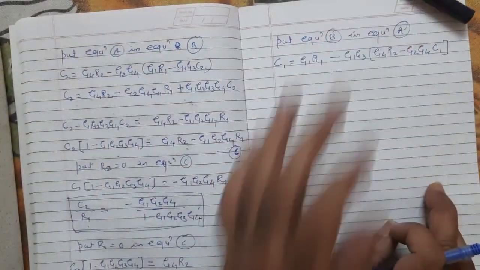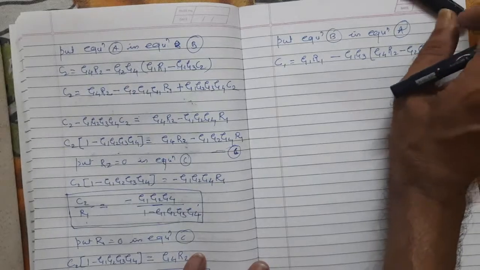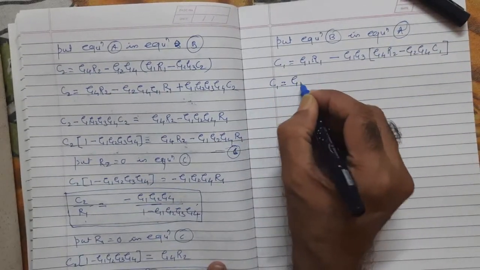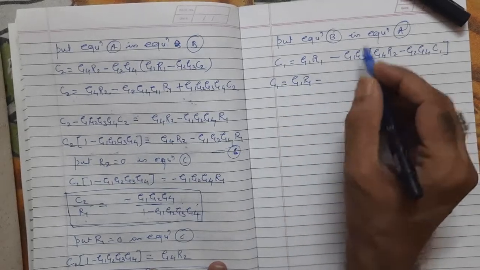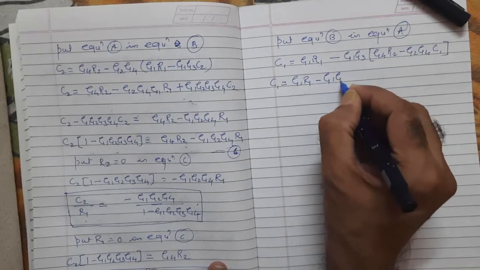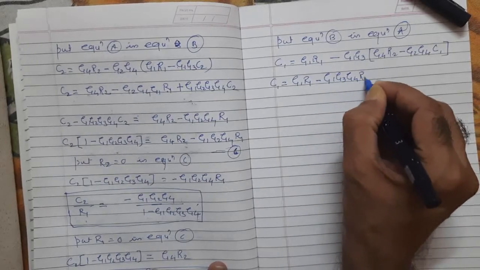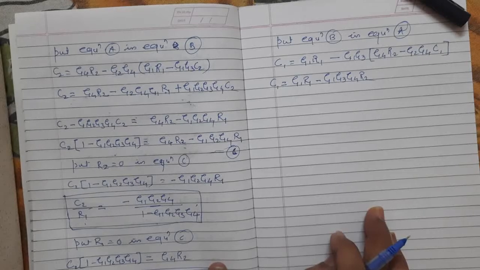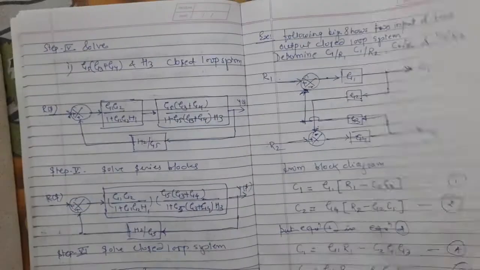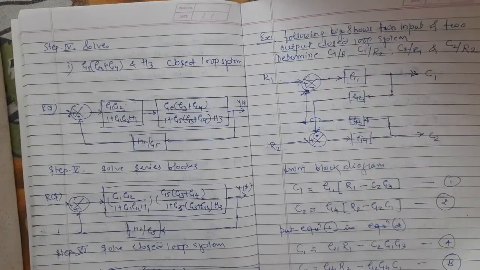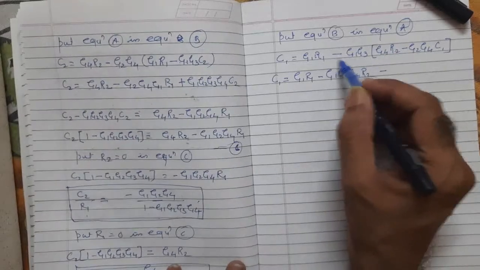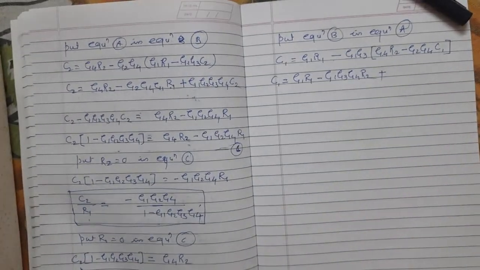So C1 becomes G1 R1 minus G1 G3 G4 into R2, and this is minus minus plus.